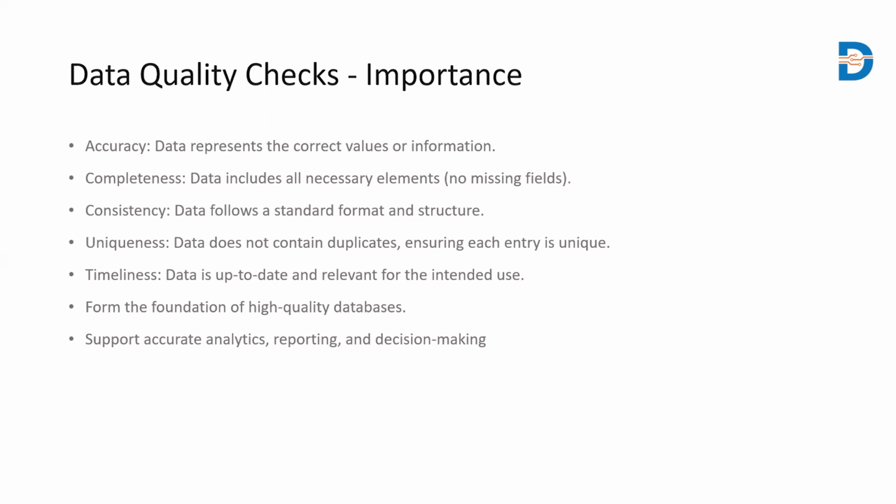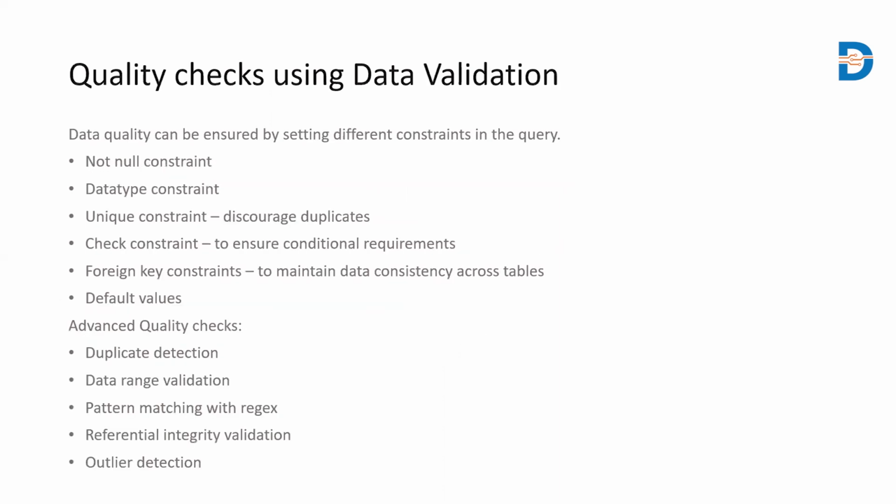The uniqueness of data is very important to ensure that your data doesn't contain duplicates, ensuring that each entry is unique. Timeliness: data must be up to date, and a check for timeliness is important if you want the data to be up to date and relevant for the intended purpose or use. A high quality database is definitely essential to support accurate analytics, reporting, and decision making.